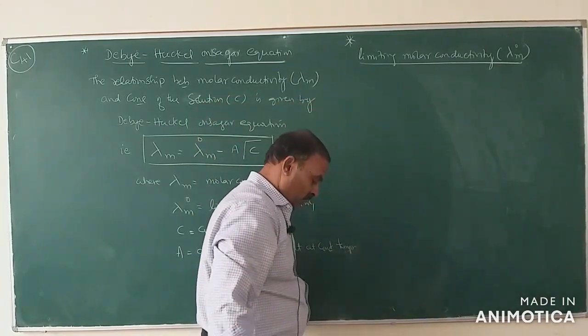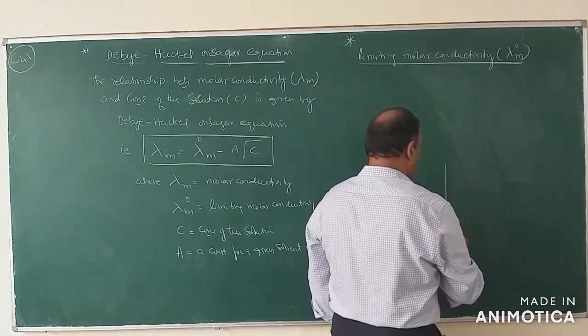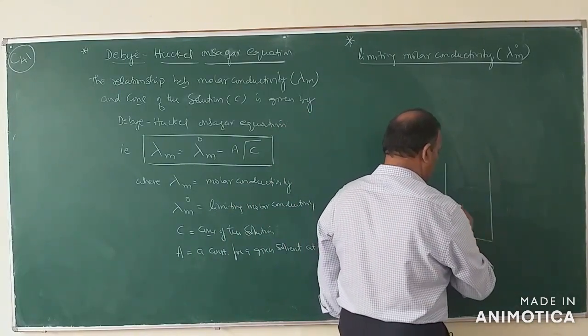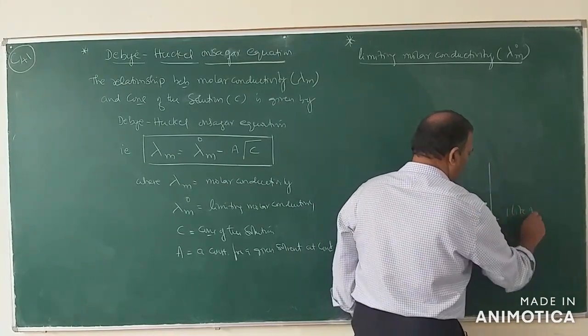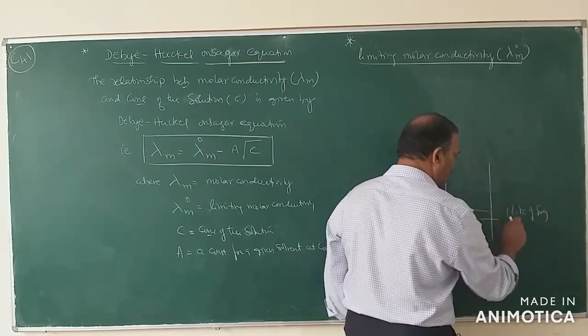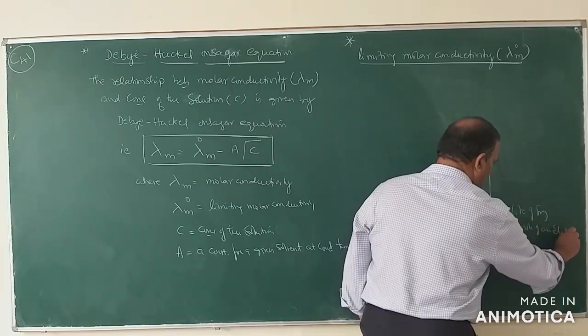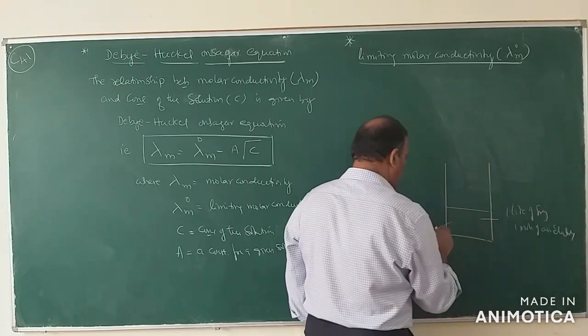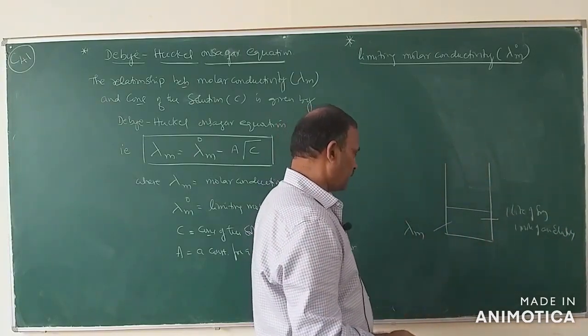Limiting molar conductivity is also important. Say for example, this is a solution: 1 liter of solution containing 1 mole of an electrolyte. The conductivity of this solution is known as molar conductivity.